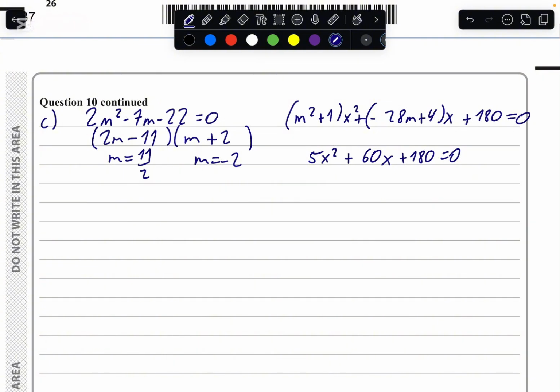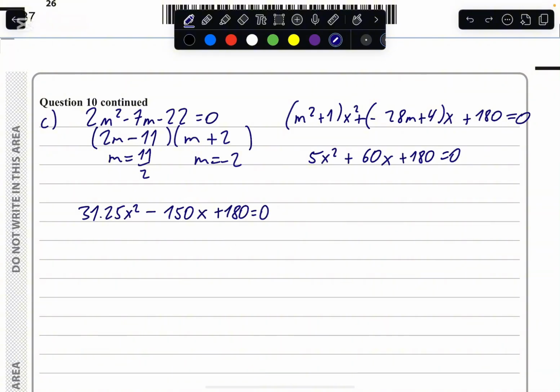That's for one, and for the other, if we substitute 11 over 2, plus 1, that gives 31.25x squared minus 150x plus 180 equals 0.